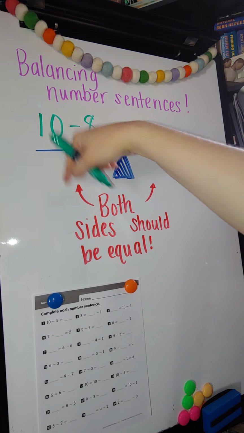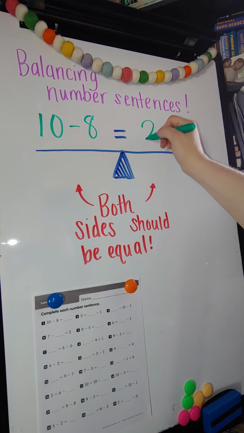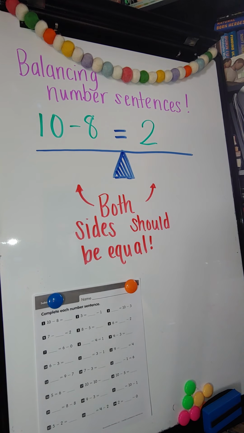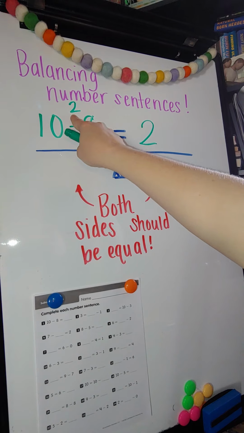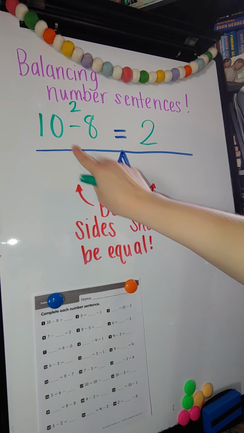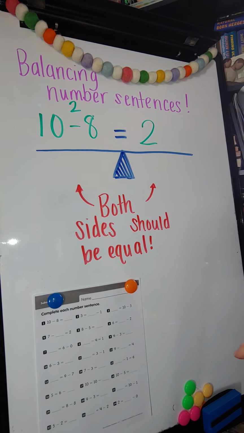So I know that 10 minus 8 is 2. So that means on this side, I have to have the number 2. Sometimes I have the kids solve this up above, just so they remember that over here is 2 and over here is 2. 10 minus 8 is the same thing as 2.